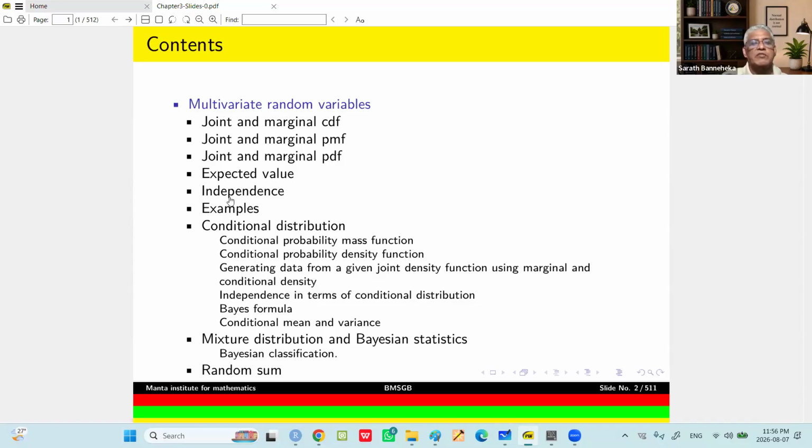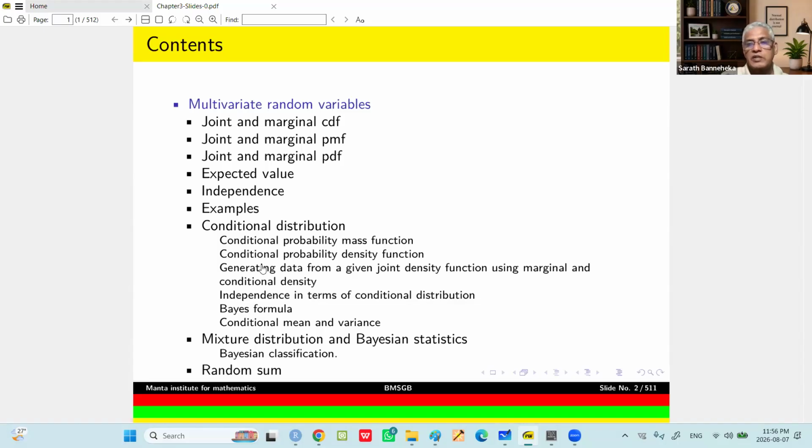And then expected values, and the definition of independence using the conditional distributions and also joint distributions. We looked at some examples, and then we discussed the conditional distribution, and I had very lengthy discussions about that. Conditional mass function, conditional density function, generating data.